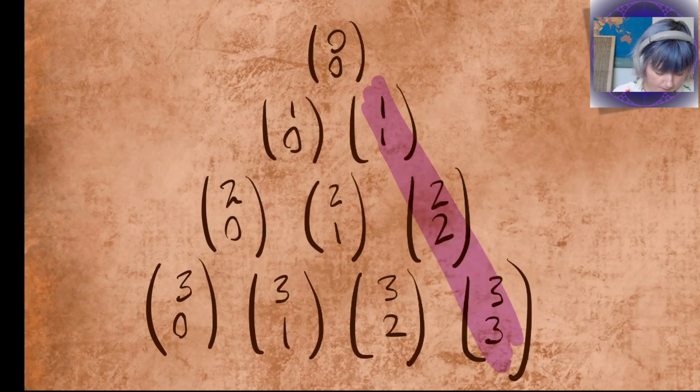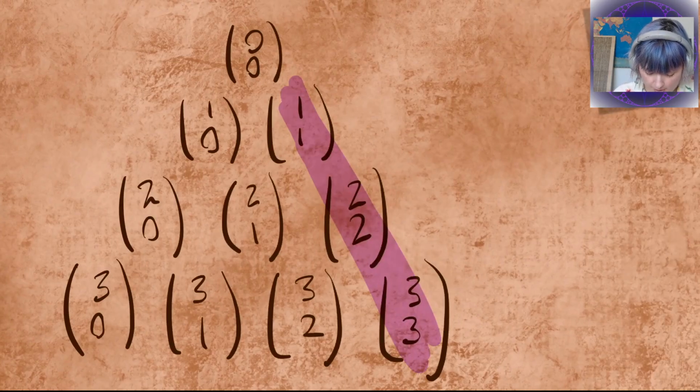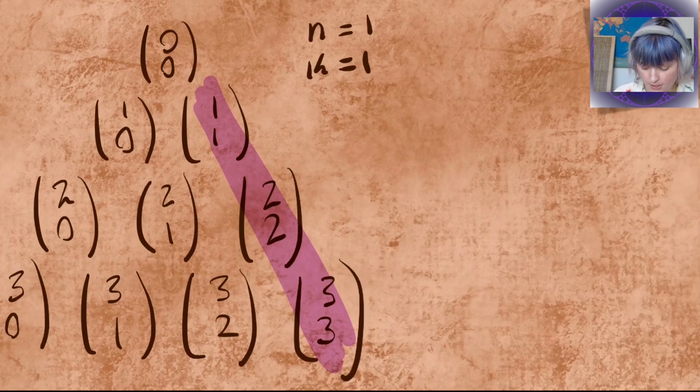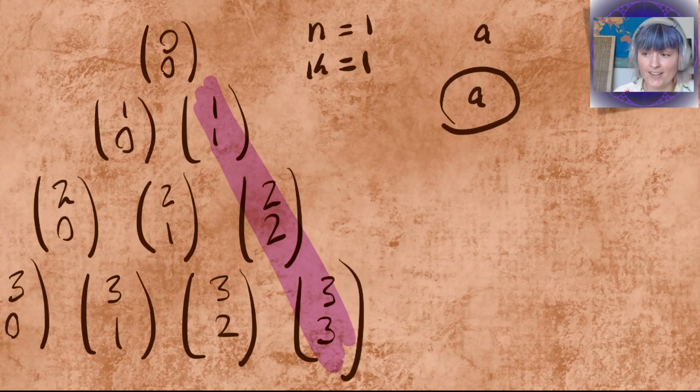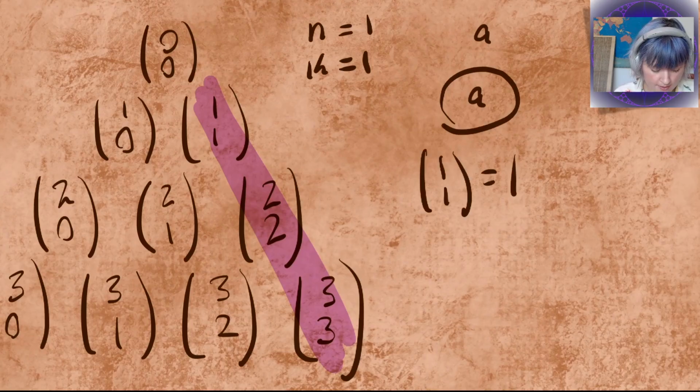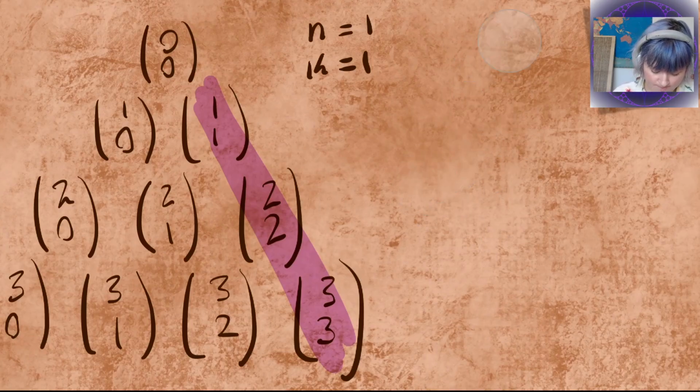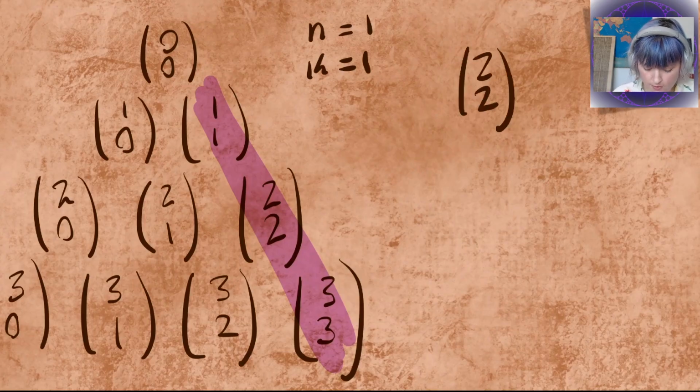Say you have n equals 1 and k equals 1. That's pretty straightforward. Say you have an element A. How many unique combinations can you make from A? You can make 1. That's A. That's why 1 choose 1 is equal to 1. And all of these, like 2 choose 2, it's the same thing.